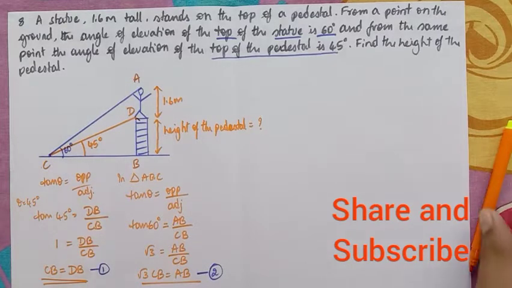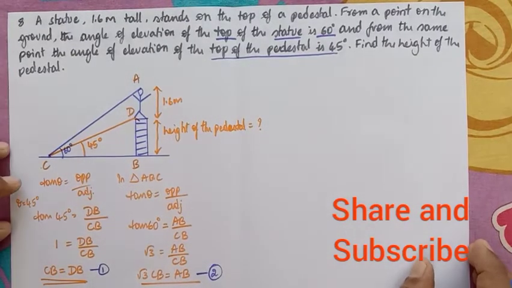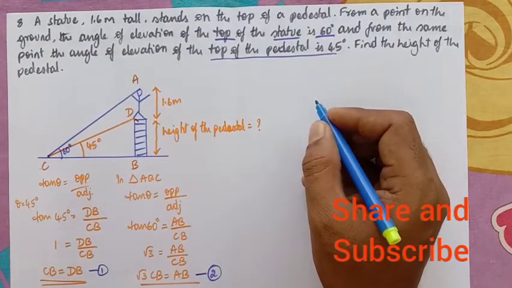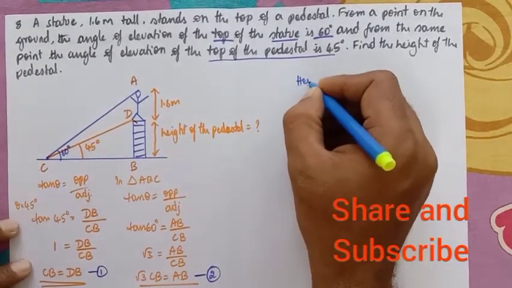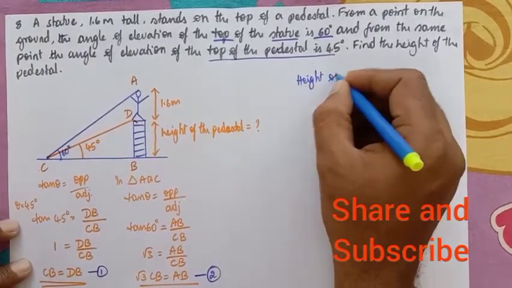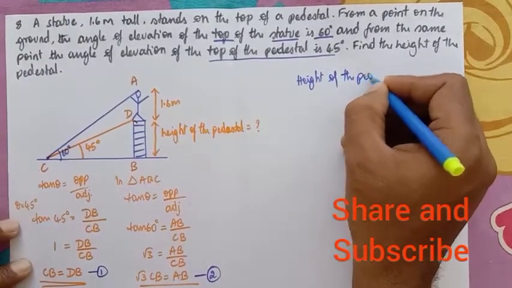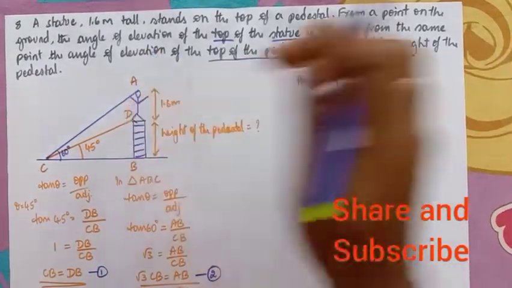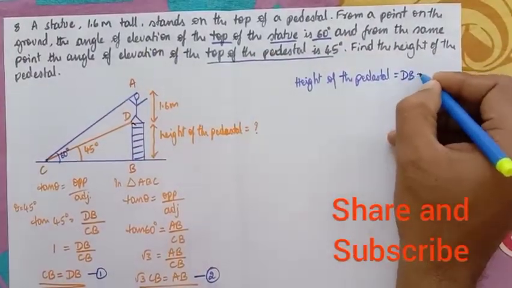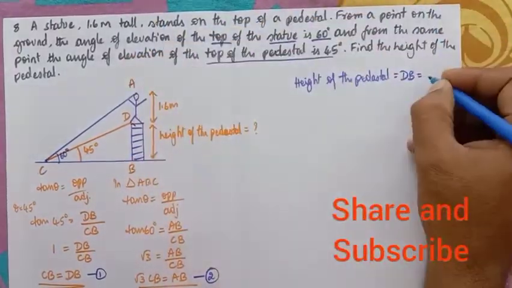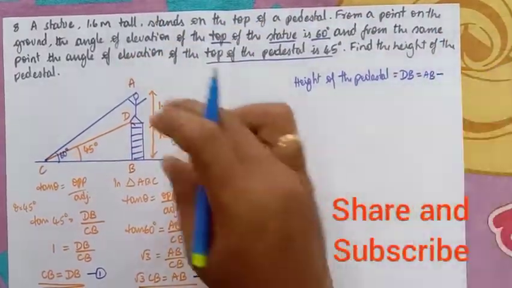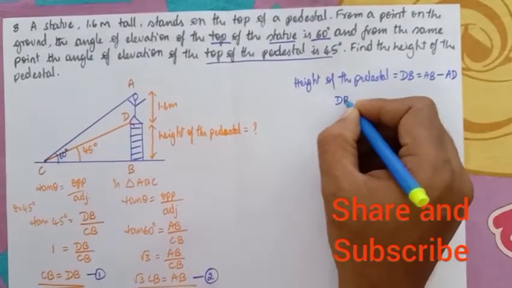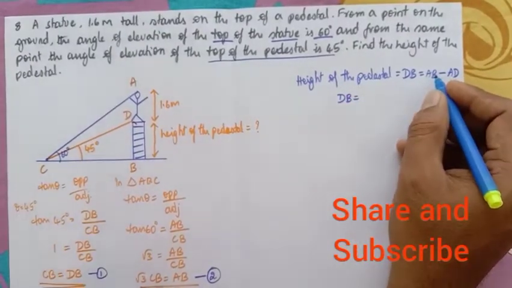Next we have to calculate the height of the pedestal. Height of the pedestal is DB. DB is equal to AB minus AD. What is AB?